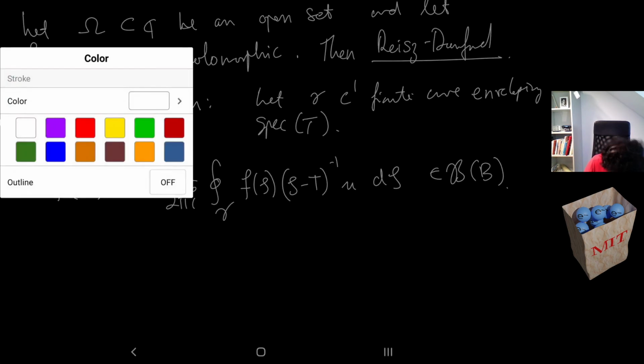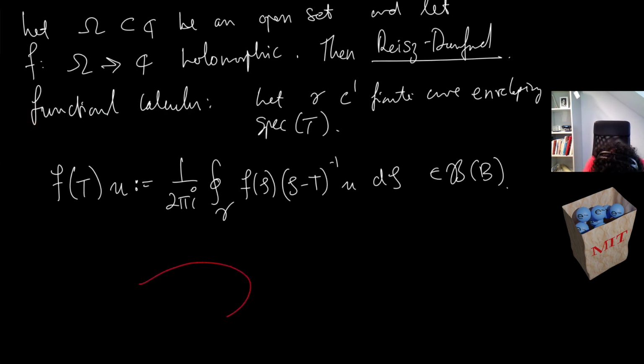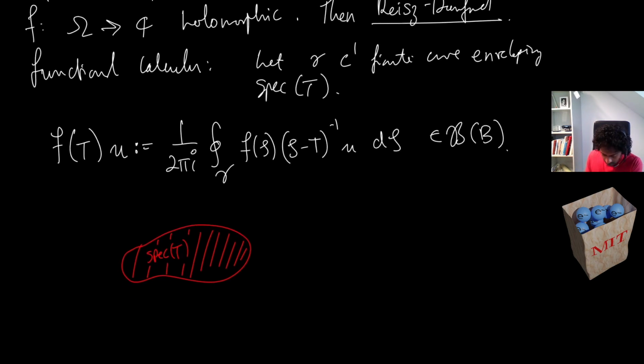So let me just draw this picture again. The spectrum of T could be just this whole blob in here. So this is the spectrum of T. The curve is parameterized counterclockwise, so winding number 1.